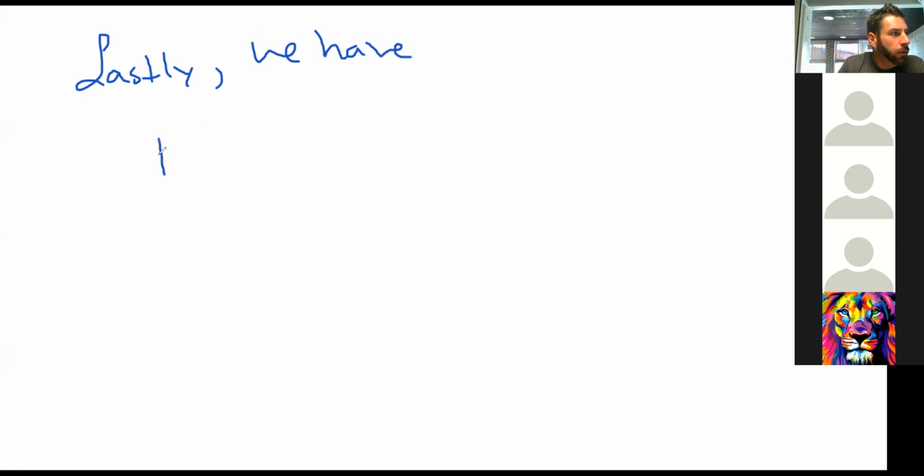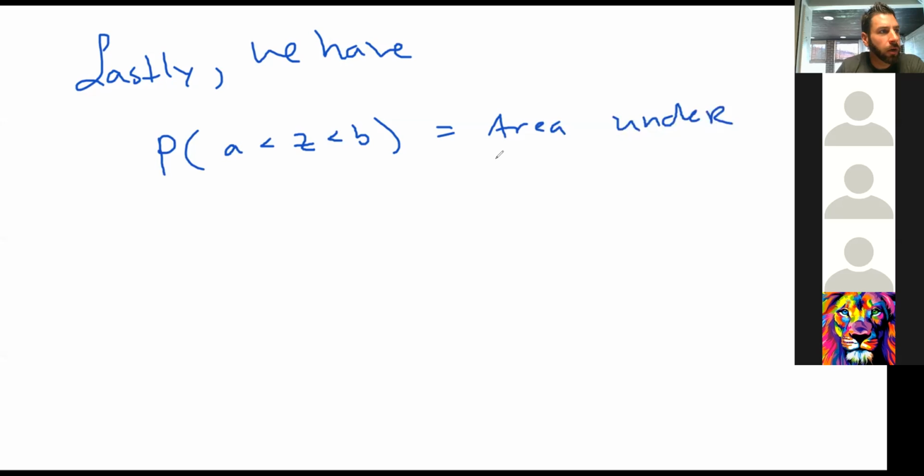Lastly, what is the probability that Z is between two values? Not just greater than 1, not just less than 1, but what is the probability that A is less than Z is less than B? Well, this is just the area under the curve between A and B.